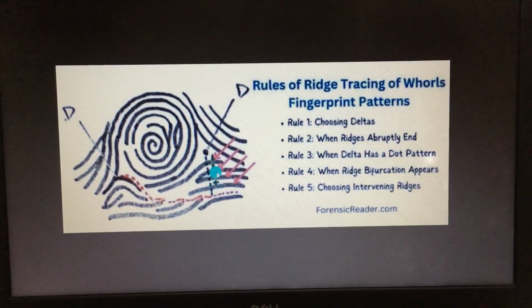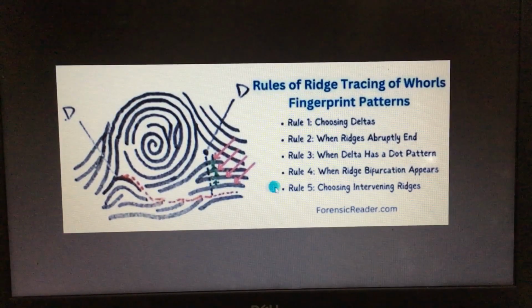Rule number 4 is when ridge bifurcation appears, choosing intervening ridges.